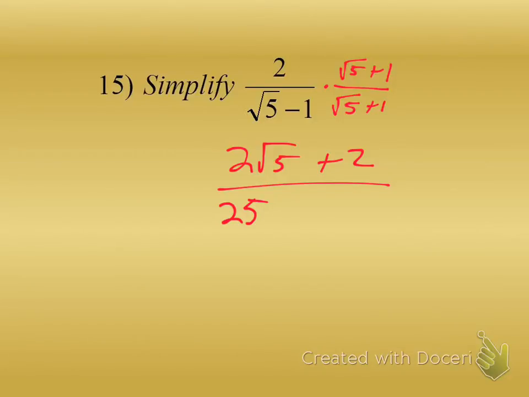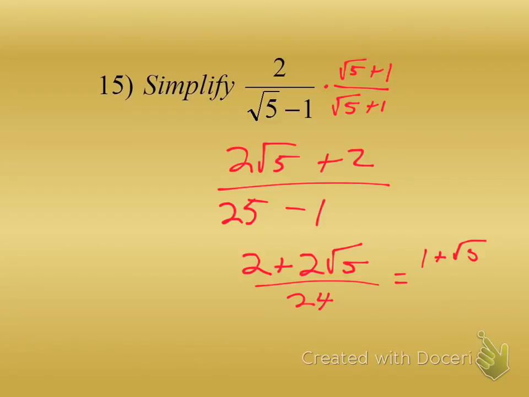Negative 1 times positive 1 gives you minus 1, which leaves you 24. Flipping that, 2 plus 2 rad 5 over 24, and still reduces because you have 2's going to all 3 parts. Everybody see that? So it's 1 plus rad 5 all over 12. That's your answer.